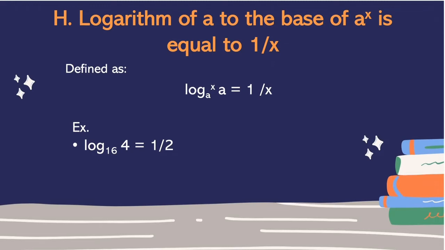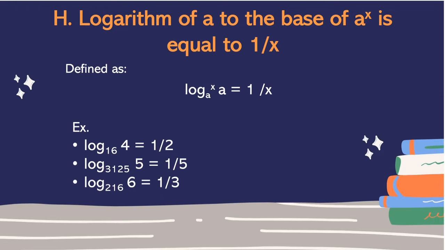Next, we have the logarithm of 5 to the base of 3125 is equal to 1/5. That is because 3125 in exponential form is 5 raised to the power of 5. Next, we have the logarithm of 6 to the base of 216 is equal to 1/3.